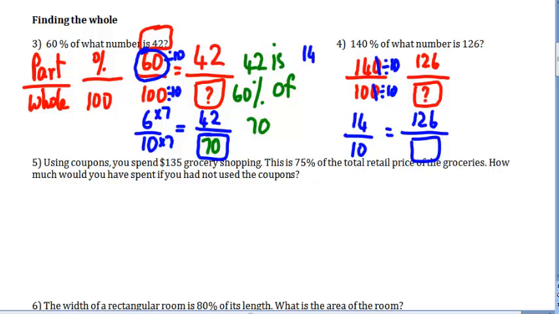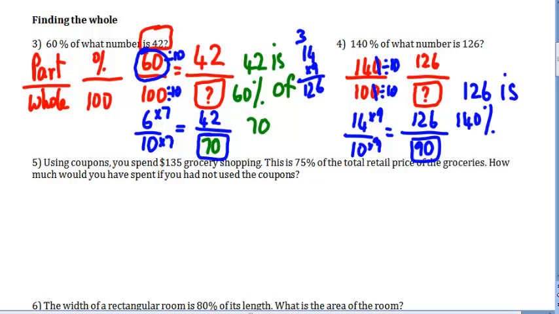Let's check quickly. 9 times 4 is 36. 9 times 1 is 9, 10, 11, 12. Yes. So times 9 times 9, the denominator is 90. So the final answer is that 126 is 140% of 90.